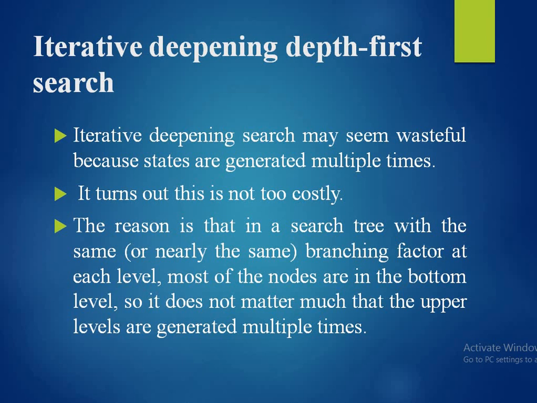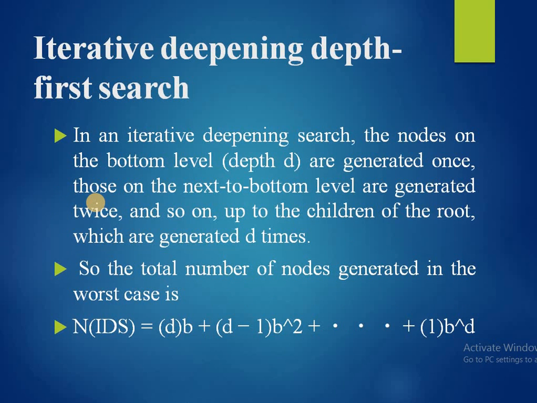So it does not matter much that the upper levels are generated multiple times. In an iterative deepening search, the nodes on the bottom level, that is at depth d, are generated once. Those on the next to bottom level are generated twice, and so on, up to the children of the root, which are generated d times.